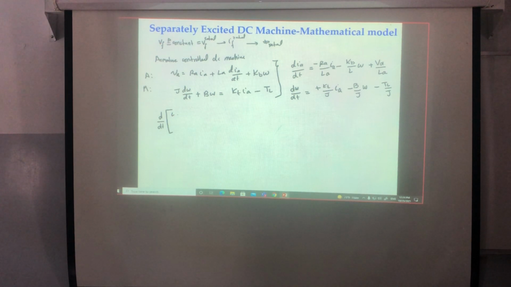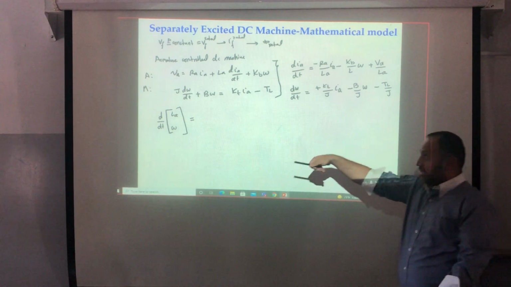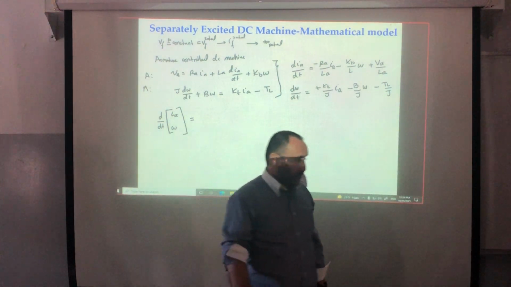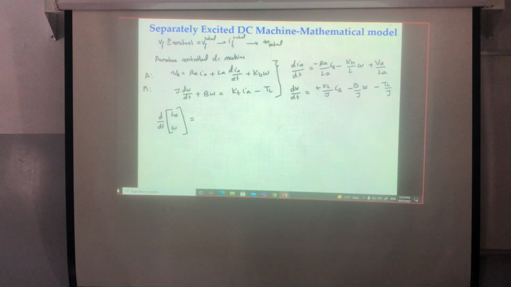So this will be IA, and here is omega, equal. How can I read this one? d by dt of IA, d by dt of omega will be a 2 by 2 matrix multiplied by the vector IA, omega, plus another 2 by 2 matrix multiplied by VA and TL.